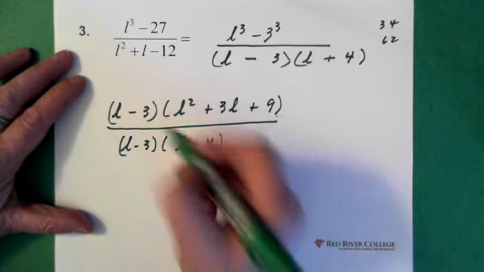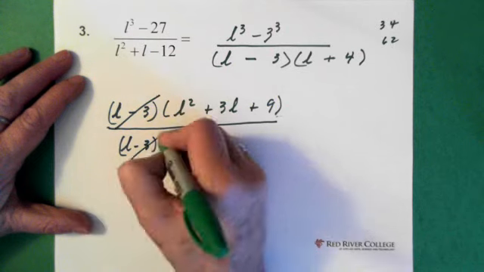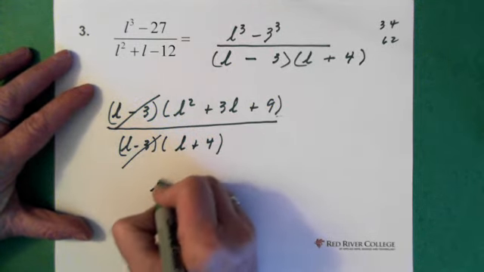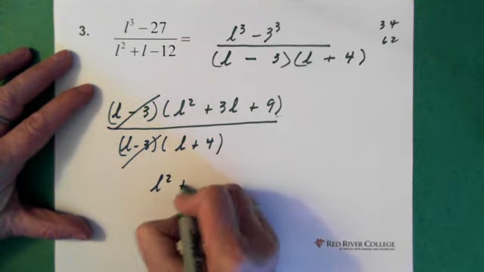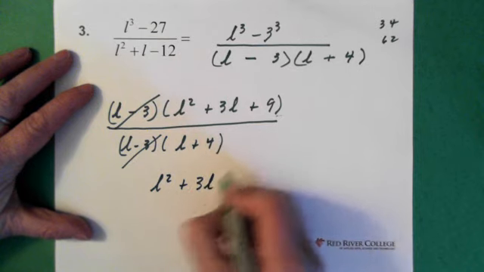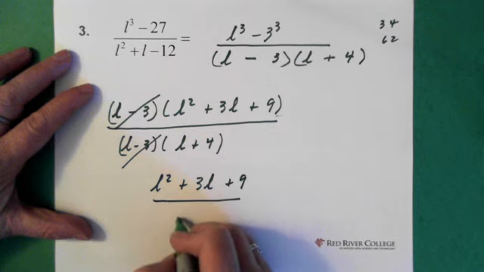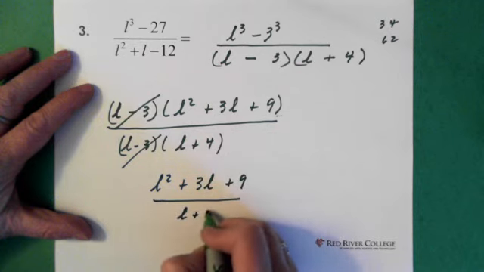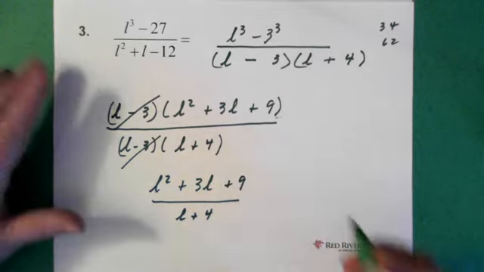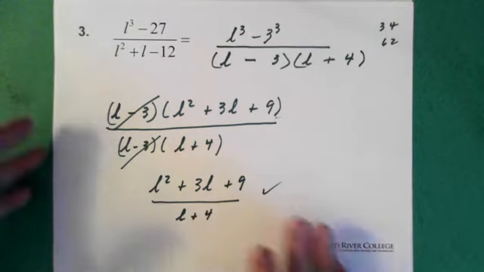You can see that the L minus 3's cancel, and we're left with L squared plus 3L plus 9 divided by L plus 4. There we go. And that would be the answer.